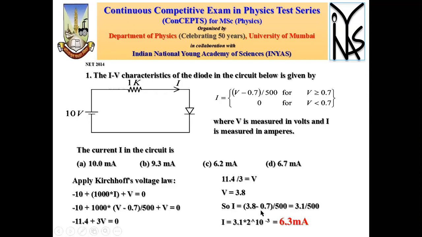So 3.8 minus 0.7, that is 3.1 volt, and divided by 500. So this will be I equal to 3.1 upon 500, that gives you about 6.2 into 10 raised to minus 3. So you can see that this is almost 6.3 milliampere, and the solution is C for such a question.